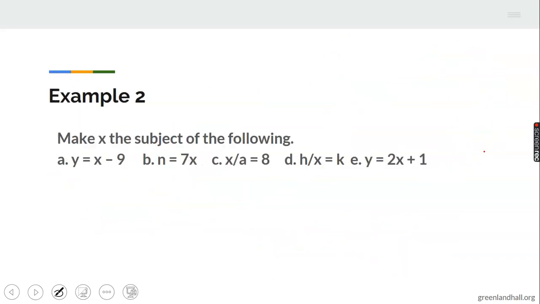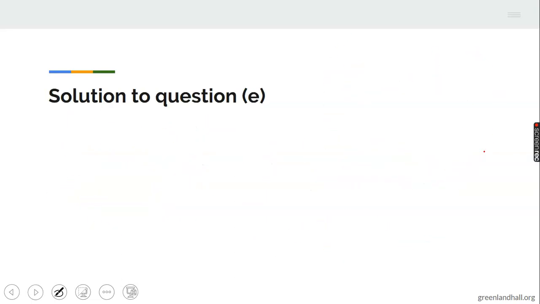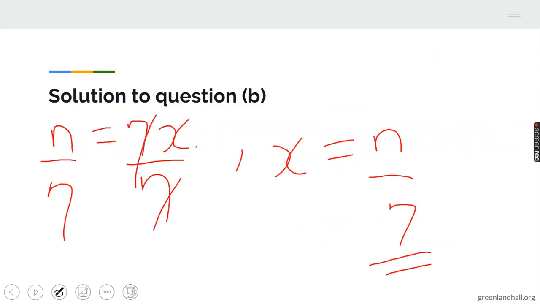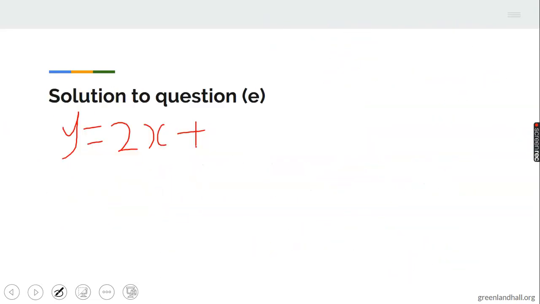Now, pick your pen and paper for me. Make X the subject of the formula here. Do that quickly now. What's the question that we have? Y equals 2x plus 1. Do that for me now, please.